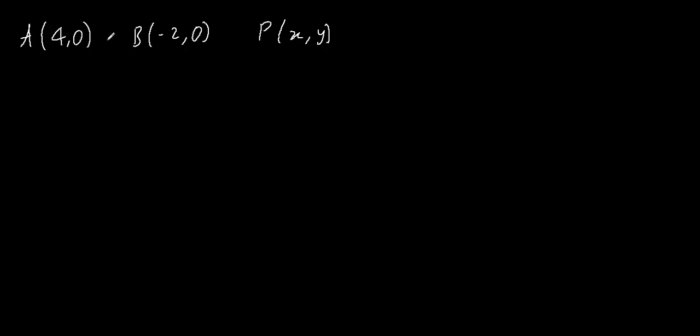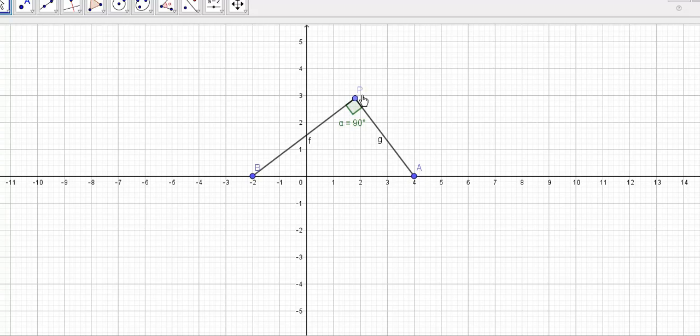It was AP squared plus BP squared is equal to AB squared. You can see that in the diagram here. So BP squared plus AP squared is AB squared.